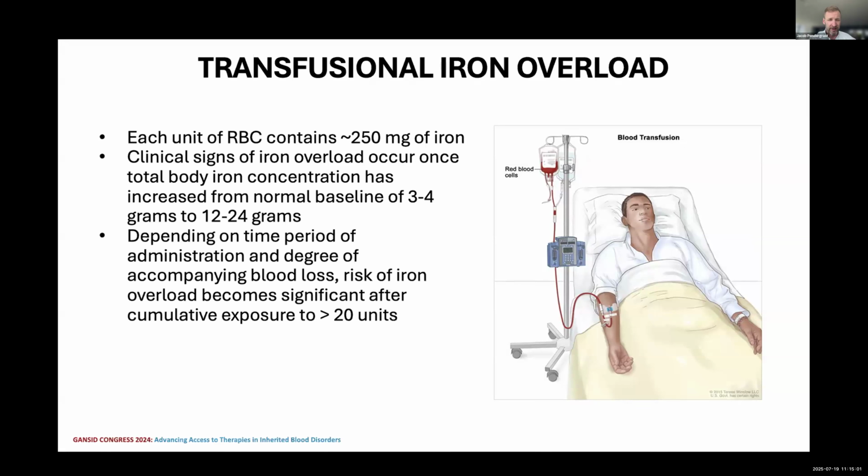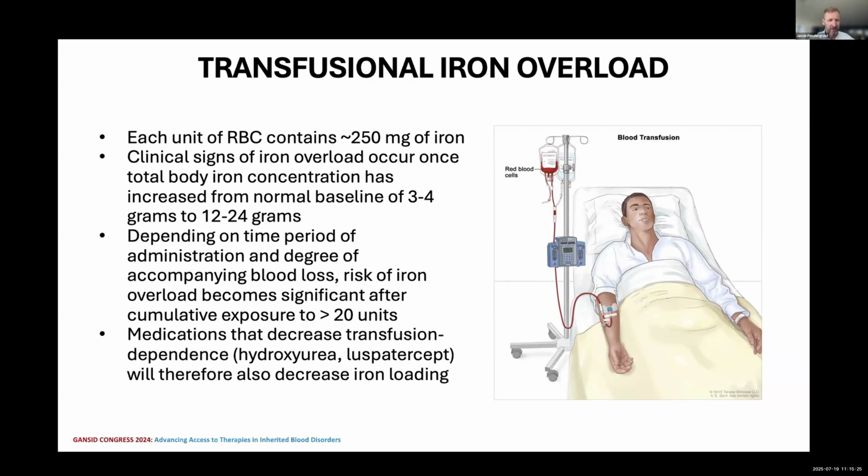And how long it takes you to get to 12 to 24 grams of iron depends on how much you're being transfused, how frequently you're being transfused, whether you're being transfused in an exchange transfusion. All these things kind of affect that. But in general, once you have been transfused more than 20 units, you can assume that you're up to that sort of toxic level of iron overload.